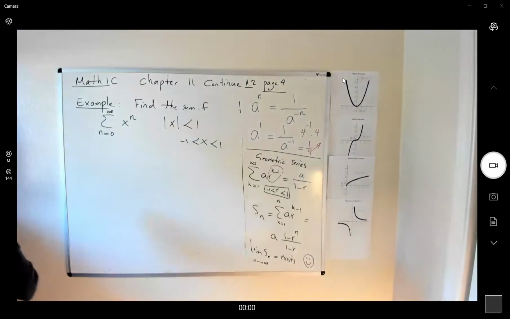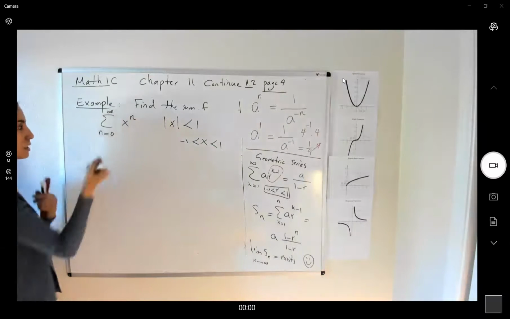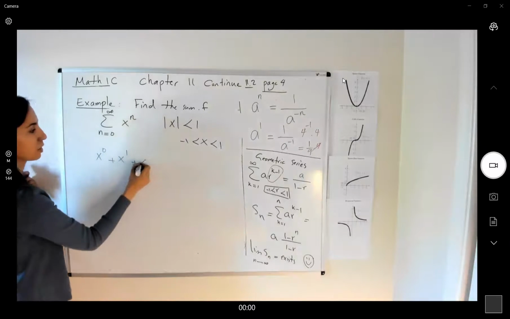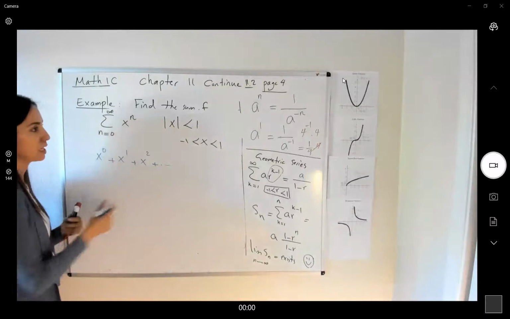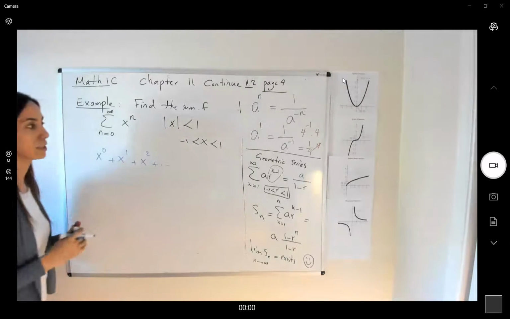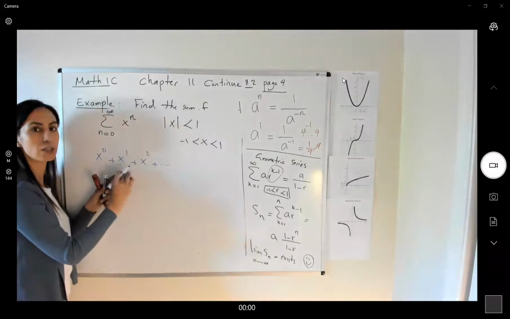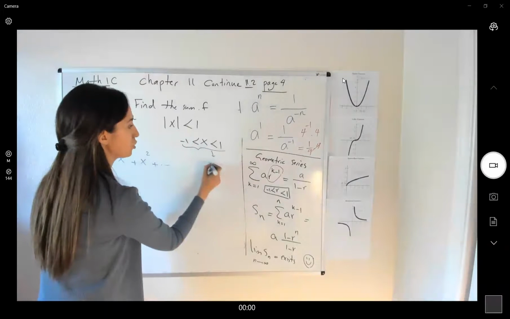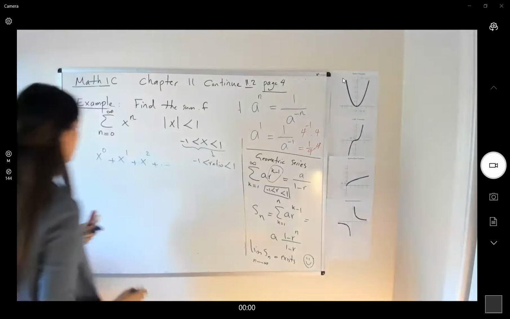Okay, perfect. So if you rewrite this series, it is x to the 0 plus x to the first plus x to the second plus x to the third and so on. And since x is between -1 and 1, it means that the ratio is between -1 and 1.